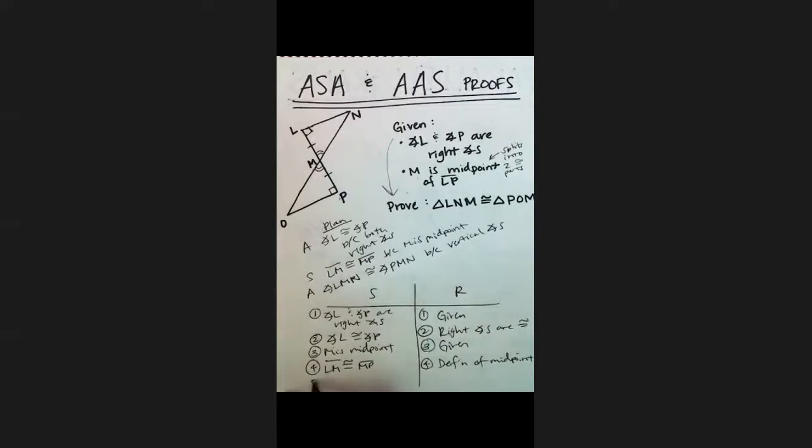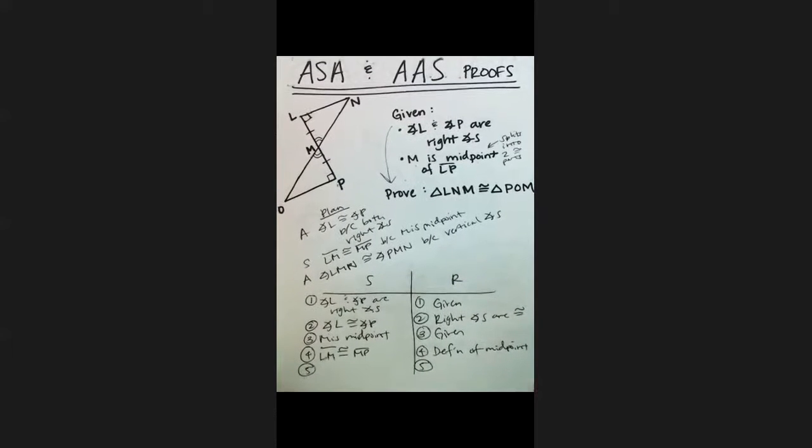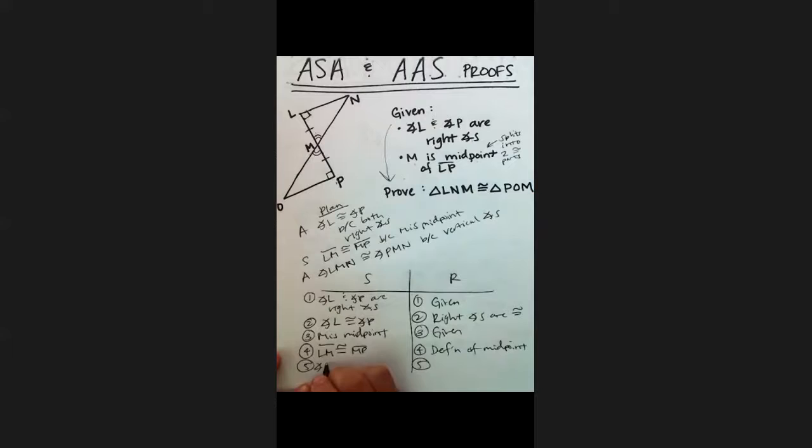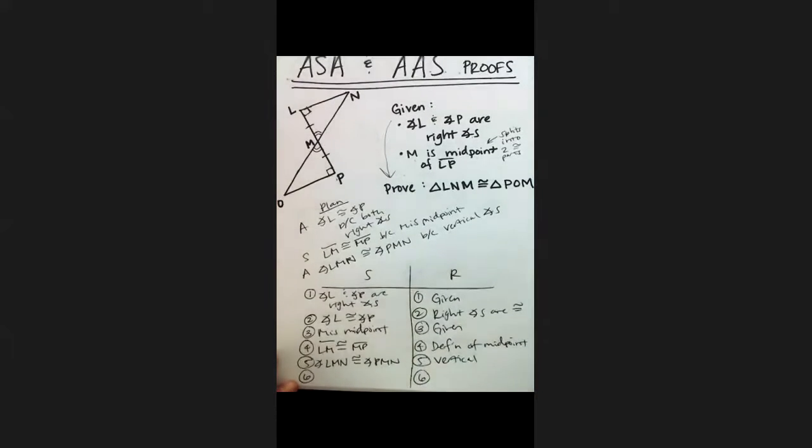And then what came next? And then we saw that we have vertical angles. So angle M was equal to angle M. And that was what finally made us see that we had angle side angle. Very good. And what were we trying to prove? We were trying to prove that triangle LNM was congruent to triangle POM.